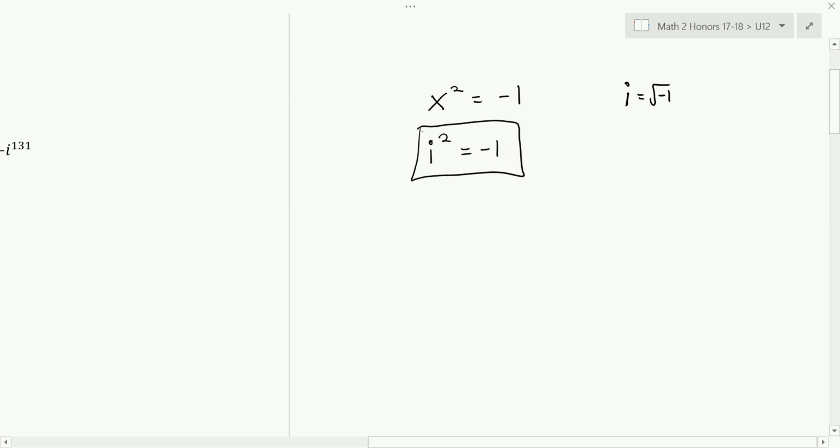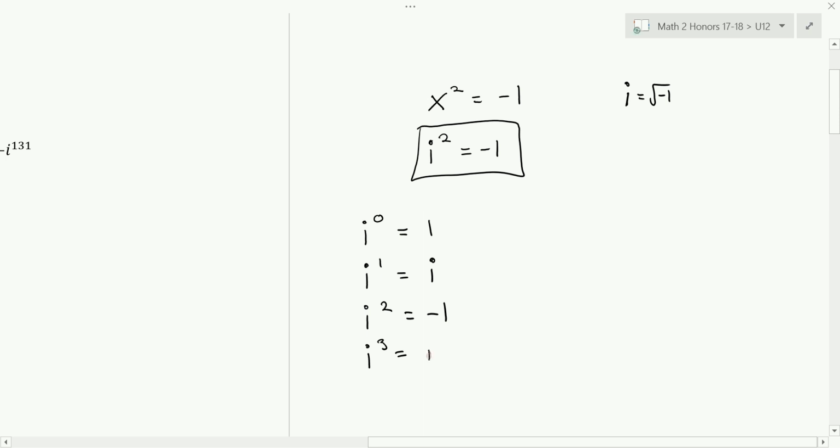And so from that, you can find i to any power. So first of all, anything to the power of 0 is 1. i to the first power is i. We just said i to the second power is negative 1. So if I want i to the third power, well, what does it mean to be to the third power?